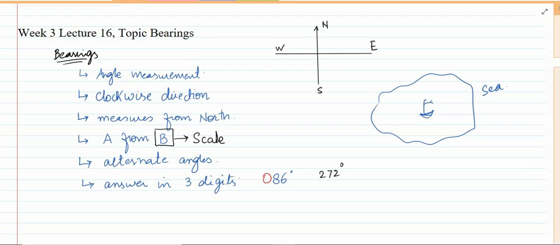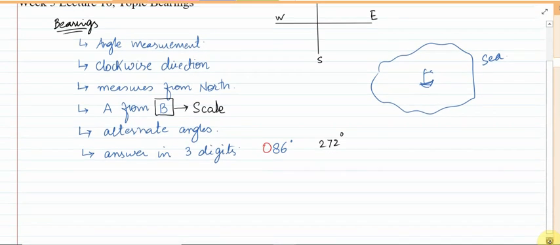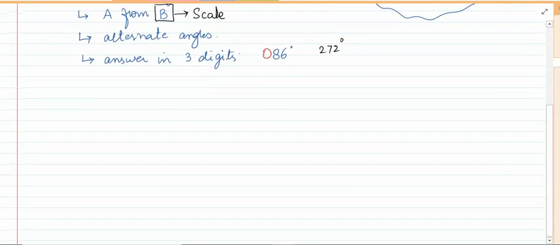Before starting bearings, I am going to explain alternate angles because we are going to use them in our topic. Now for alternate angles, keep in mind that you have parallel lines, right? So what are parallel lines? Those lines which can never meet are called parallel lines, right?